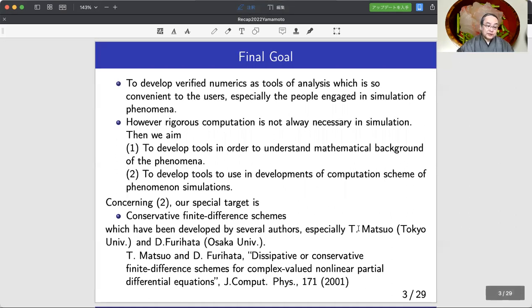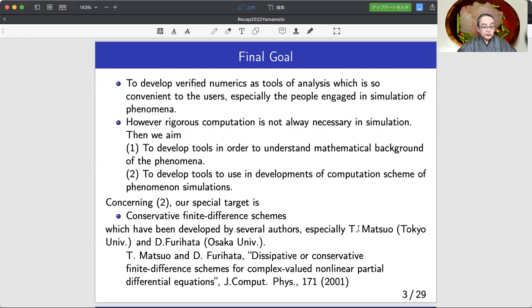Our final goal is as follows: to develop verified numerics as tools of analysis, which is so convenient to the users, especially the people engaged in simulation of phenomena. However, rigorous computation is not always necessary in simulation. Then we aim, one, to develop tools in order to understand the mathematical background of the phenomenon.